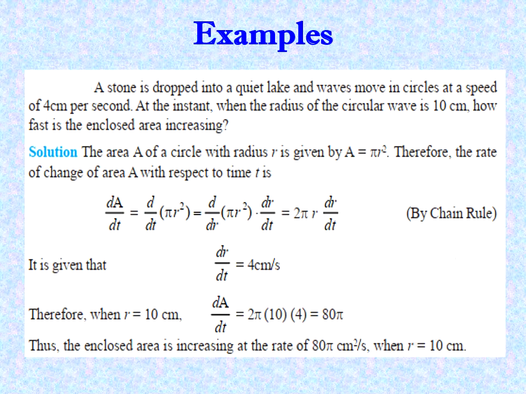Now after differentiation and using the chain rule we can write 2 pi r into dr/dt. And here it's given dr/dt is equal to 4 cm per second and r equal to 10 cm. So now just substituting the values, dA/dt is 2 pi into 10 into 4, that is 80 pi. Thus the enclosed area is increasing at the rate of 80 pi square centimeter per second when r equal to 10 cm.